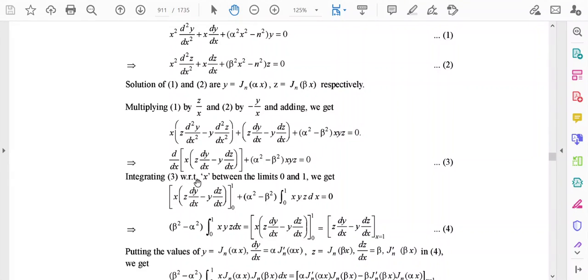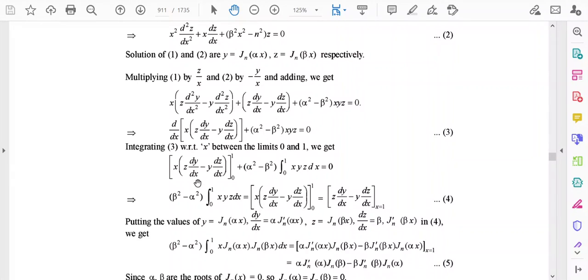So we are integrating with respect to x, and here there will be another dx, so dx will be cancelled out. So this is actually d of something. Suppose the integration of dz is equal to z, and alpha squared minus beta squared is constant.